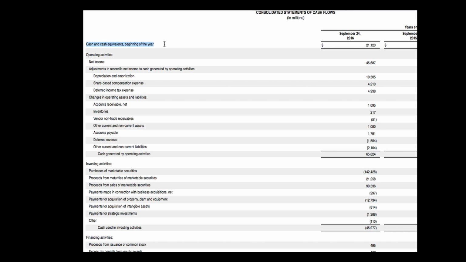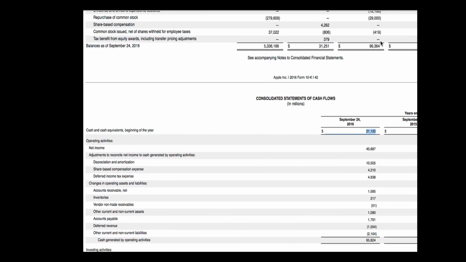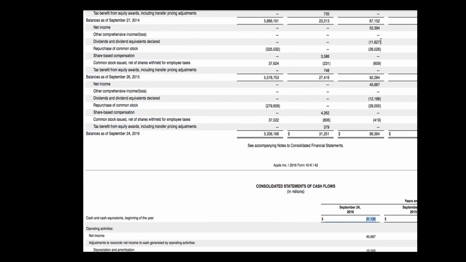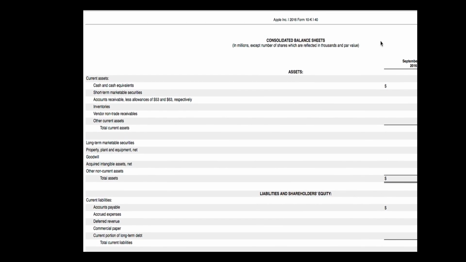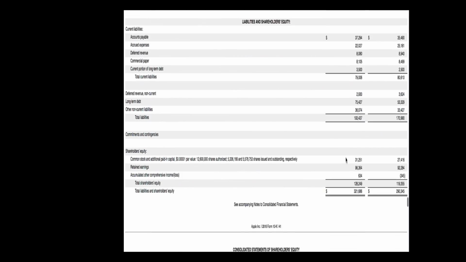Okay, so we start with beginning cash though. And the beginning cash is last year's ending cash, right? So if we went to the balance sheet and we have two balance sheets showing, we can go to the previous year's ending cash, and that would be our beginning cash for this year. So we have the beginning cash from the balance sheet. We also have the ending cash from the balance sheet.